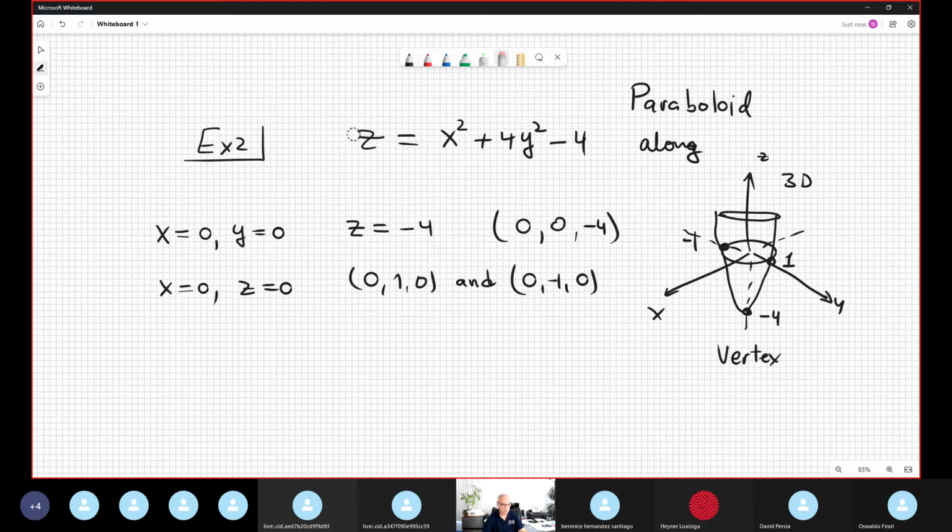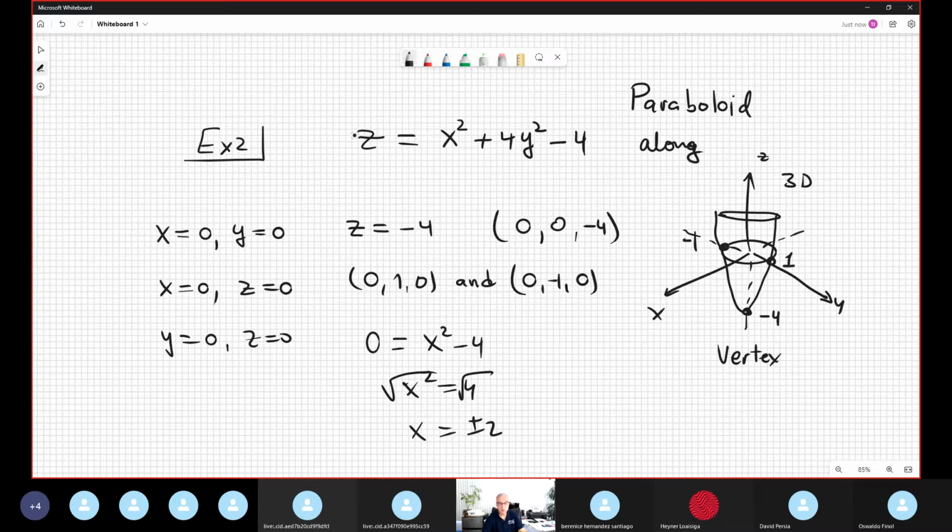Now, the last intercept is y = 0, z = 0. In that case, my equation looks like this. It's a quadratic equation again, but we solve it by the square root property. x squared equals 4, taking the square root of both sides, x equals plus or minus 2.